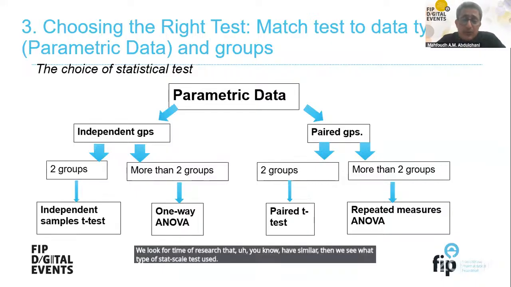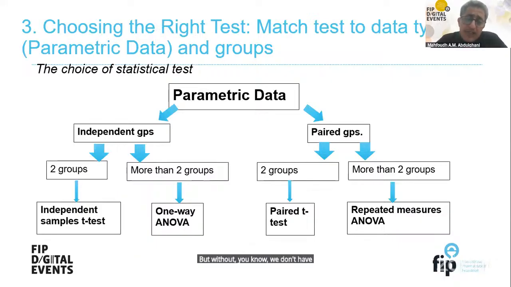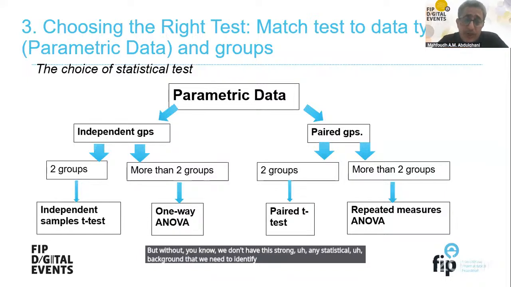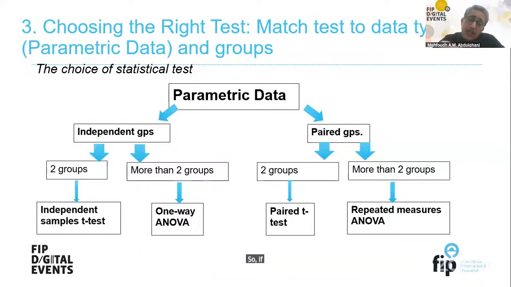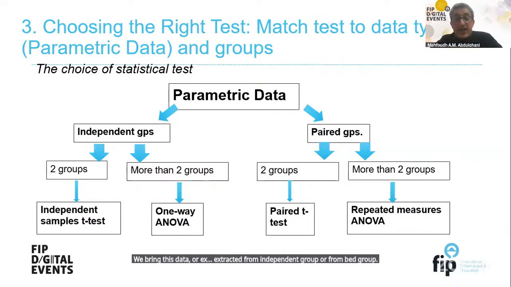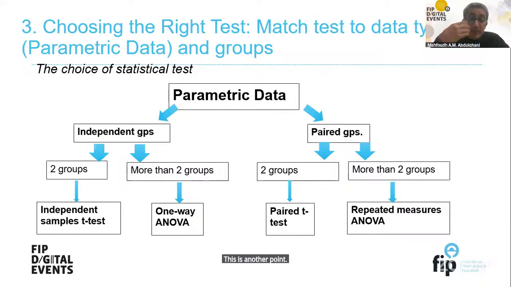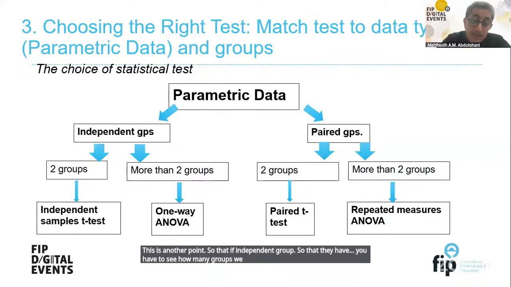But without a strong statistical background, we need to identify why we choose a test. If our data is parametric, we need to identify whether the data is extracted from independent groups or from paired groups. If independent, you have to see how many groups we have, either two groups or more than two groups.